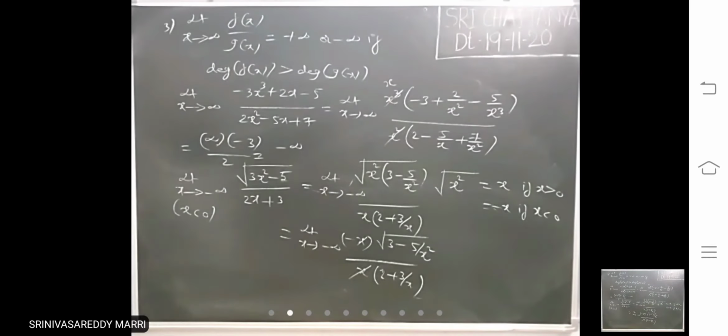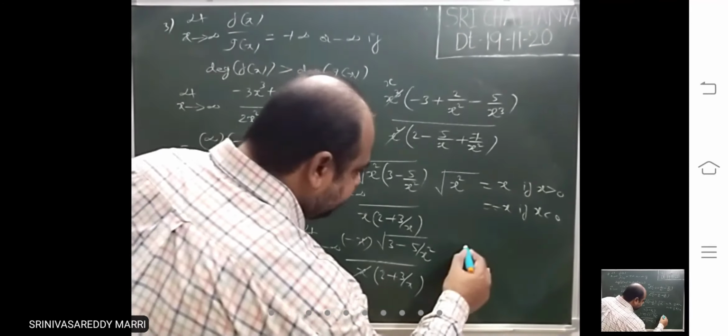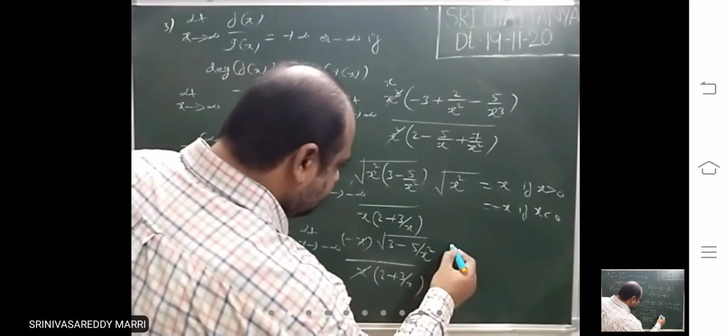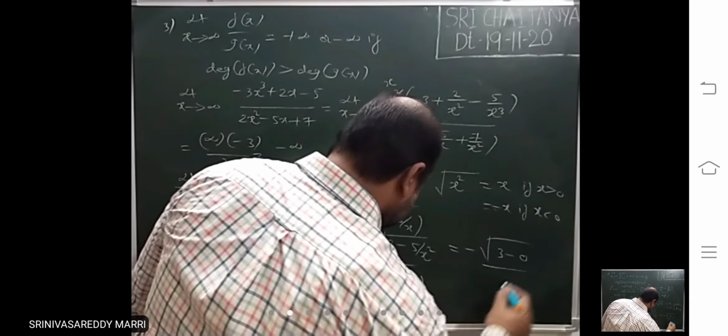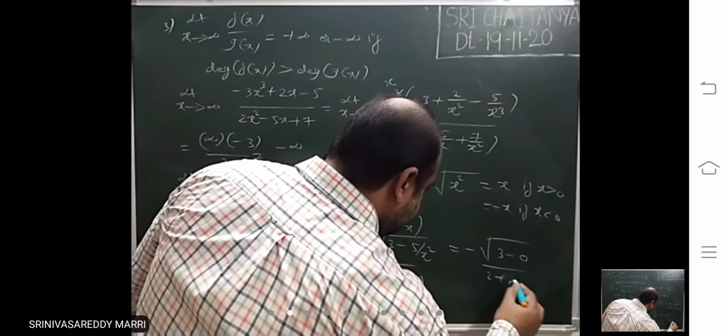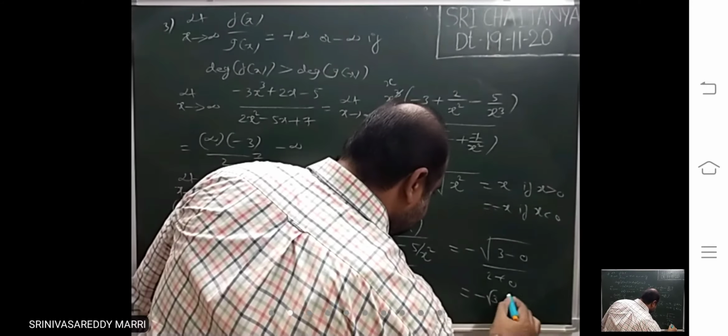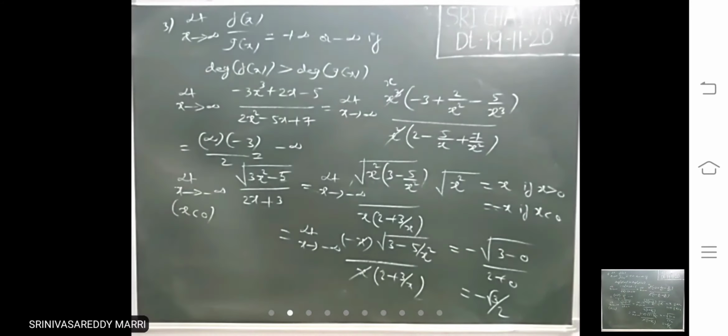Now if x tends to minus infinity, 1 by x tends to 0. So your answer will be root of 3 minus 0 divided by 2 plus 0. So the answer is minus root 3 by 2.